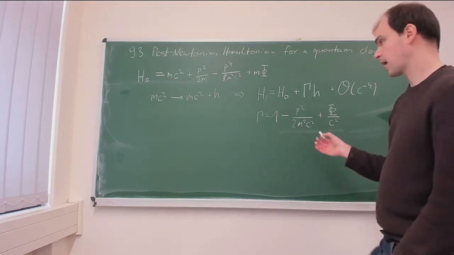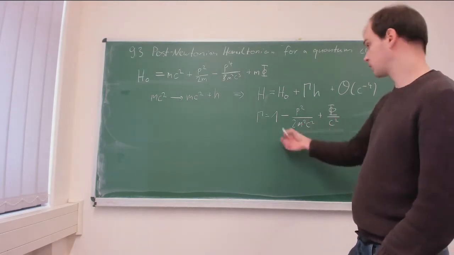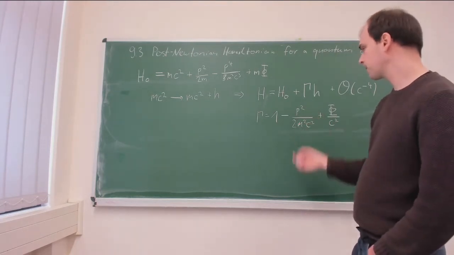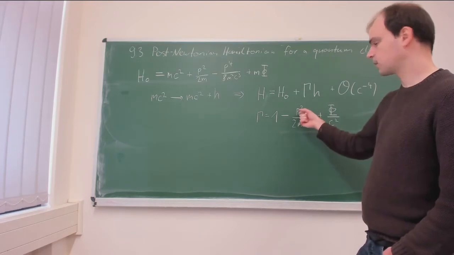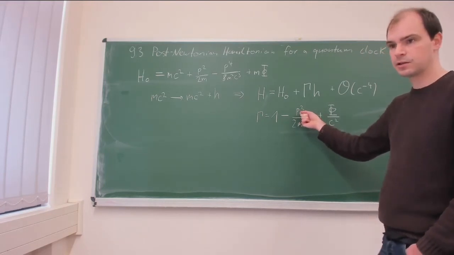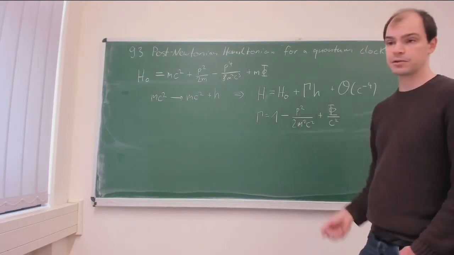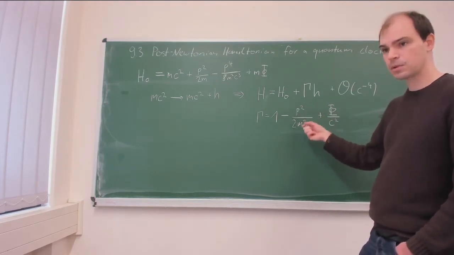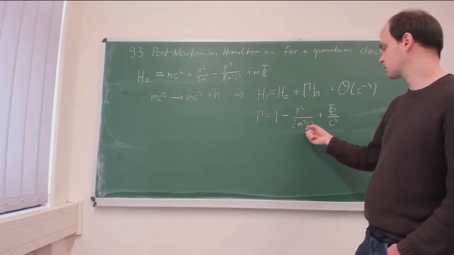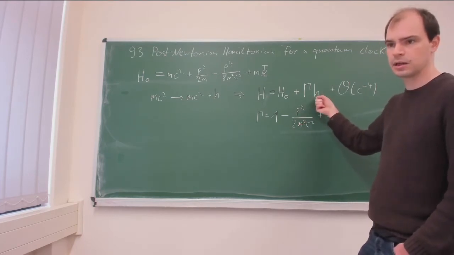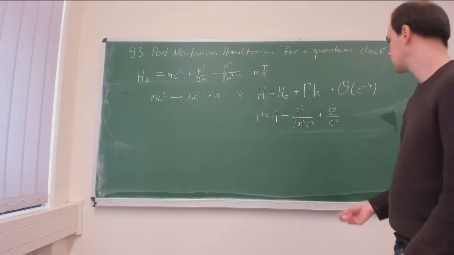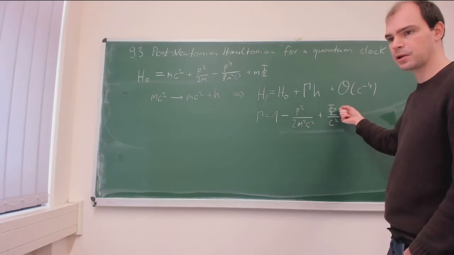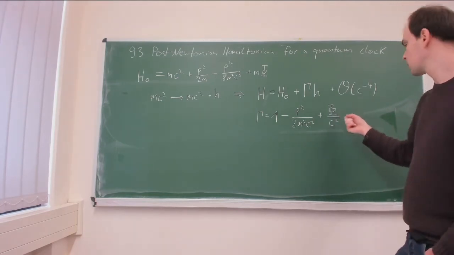Anyhow, so what we have here is a relativistic correction to our Hamiltonian that gives us a coupling. First, this is basically the kinetic energy, the center of mass kinetic energy of our particle. So the kinetic energy of the center of mass of our particle couples to the internal energy, small h. And the same way, the potential here in general will be a function of position.